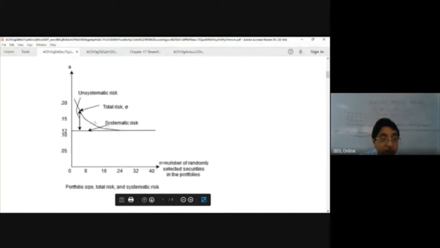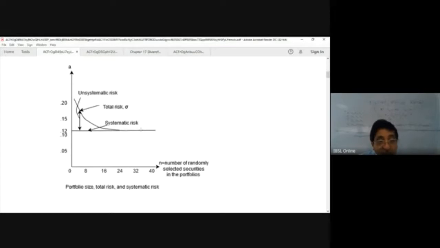Now you see the graph here. I have shown you a different graph earlier, and you can look at the unsystematic and systematic risk here. The horizontal axis is the number of randomly selected securities in the portfolio. Here, about 24. From 24 onwards, even though you add assets to the portfolio, your risk will not come down.